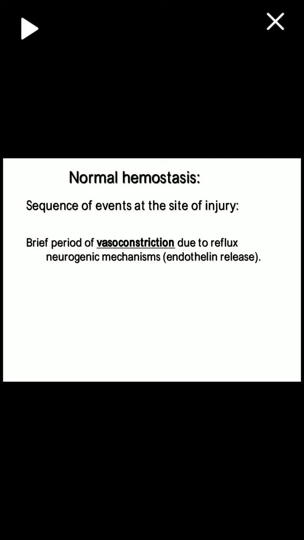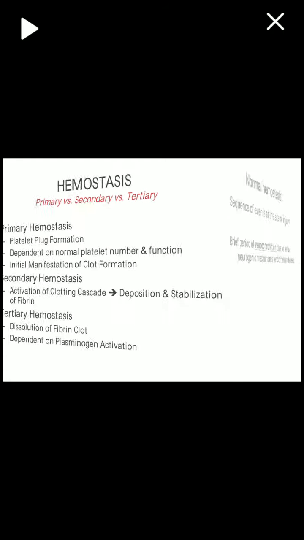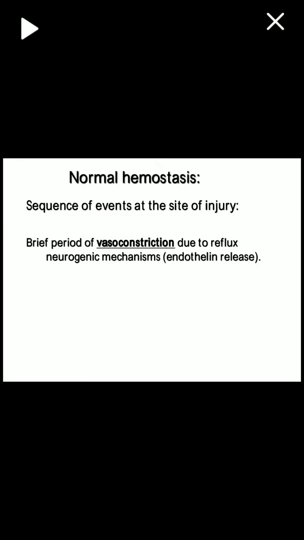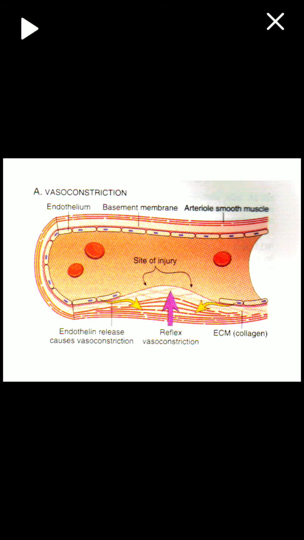So normal hemostasis is a sequence of events at the site of injury. Initially, there is a brief period of vasoconstriction due to a reflex neurogenic mechanism, that is due to endothelin release. So this is the blood vessel which is lined by the endothelial cells, and above that is the basement membrane, and above that the arterial smooth muscle.